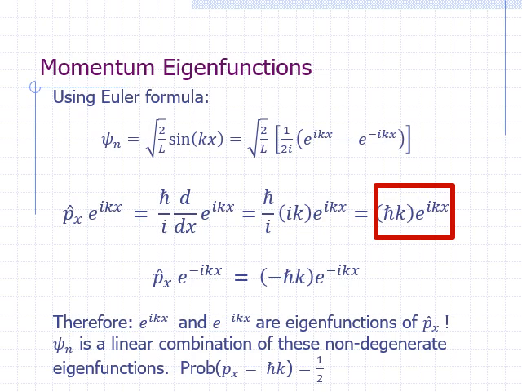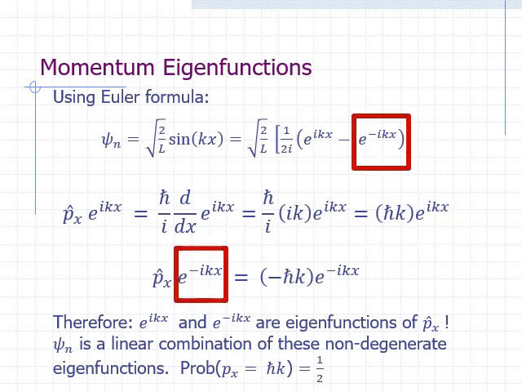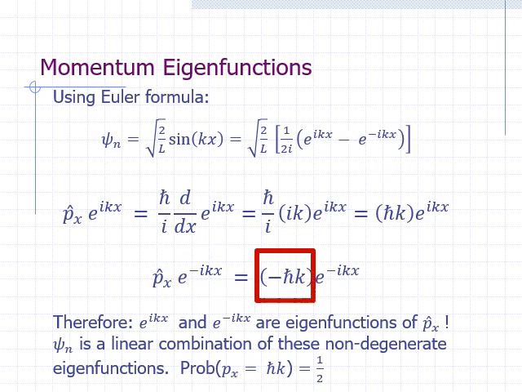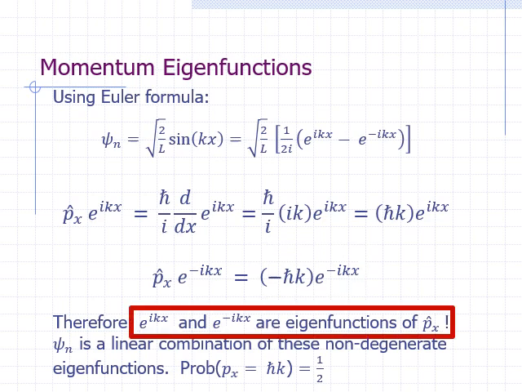Similarly, applying p sub x hat on e to the negative ikx yields a constant, negative h bar k, times e to the negative ikx. In other words, e to the ikx and e to the negative ikx are eigenfunctions of the momentum operator. One has eigenvalue h bar k, the other has eigenvalue negative h bar k.